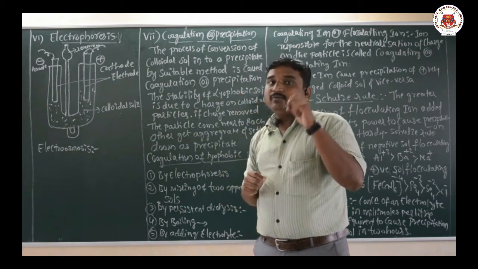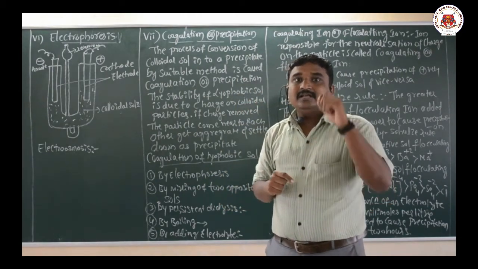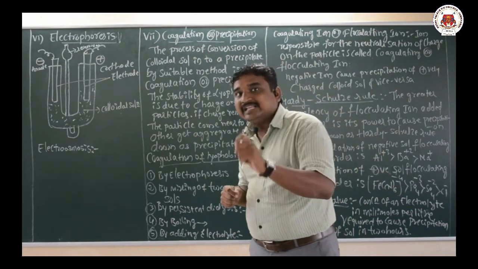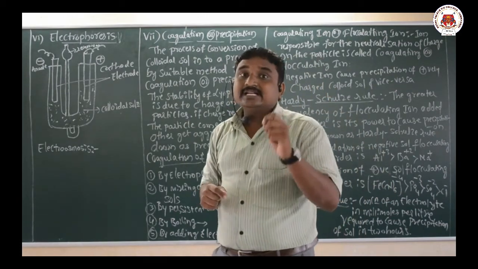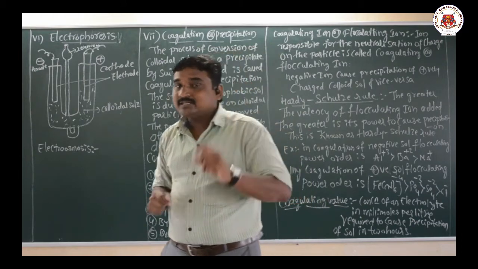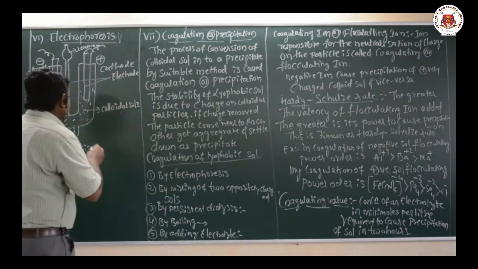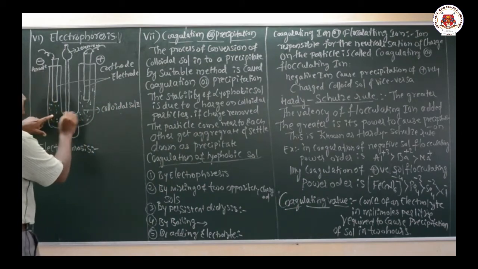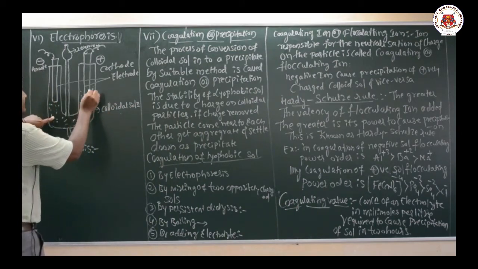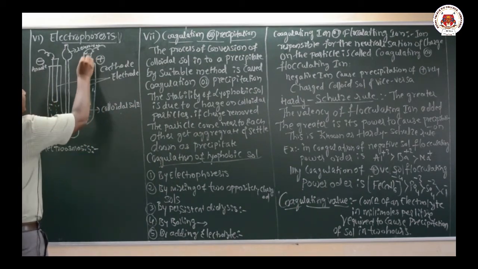Already we have an idea that the colloidal particle must carry either a positive charge or a negative charge. This is an experimental setup in which the colloidal solution is taken, and there are two platinum electrodes.